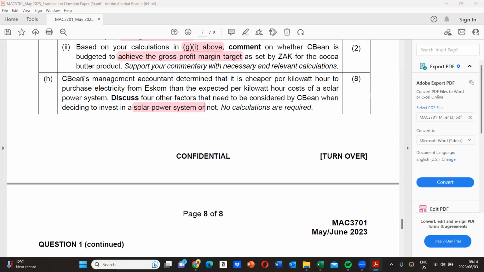All right, let's discuss here. What do we have there? Beans Management Accountant determined that it is cheaper per kilowatt hour to purchase electricity from ESCOM than using the solar system. Discuss 4 other factors that need to be considered by CBIN when deciding to invest in solar power system or not. What factors can we discuss, guys?